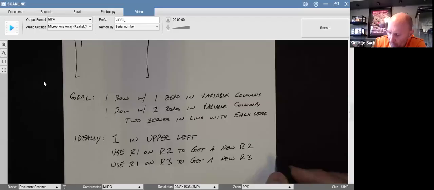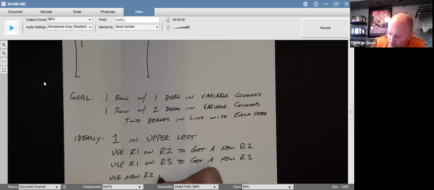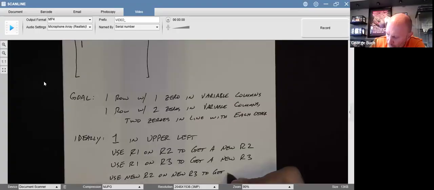And then lastly, use the new row 2 that I made on the new row 3 that I made to get a final row 3.